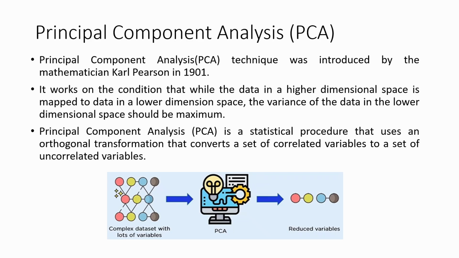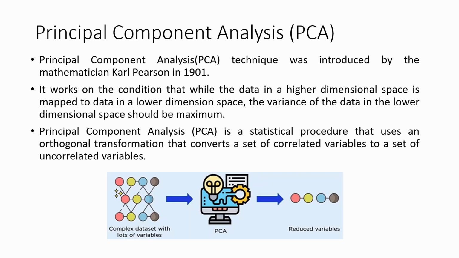Principal component analysis is a technique which was introduced in 1901 by a mathematician called Karl Pearson. How it works is on the condition that while the data in higher dimensional space is mapped onto the data in lower dimensional space, the variance of the data in lower dimensional space should be maximum.